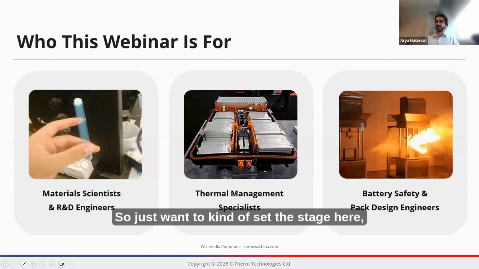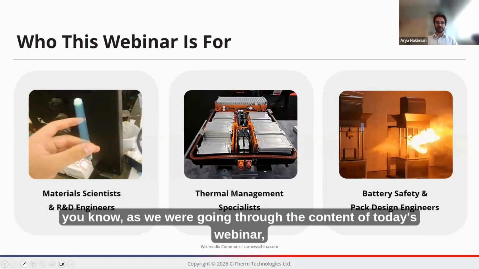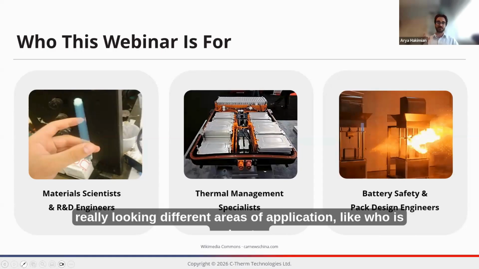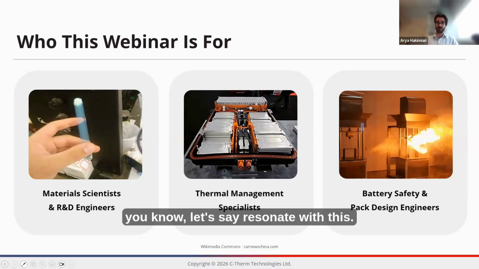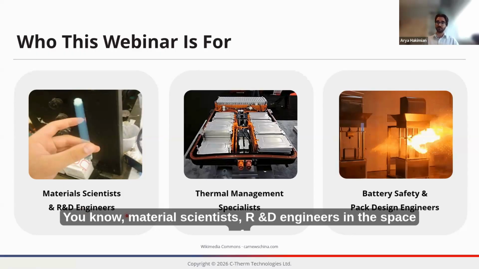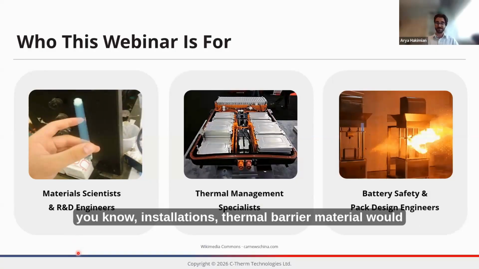So just want to set the stage here. As we were going through the content of today's webinar, really looking at different areas of application, like who is going to resonate with this, a few different things came to mind. Material scientists and R&D engineers in the space of insulations and thermal barrier materials would certainly be one that we'll be talking about quite a bit.